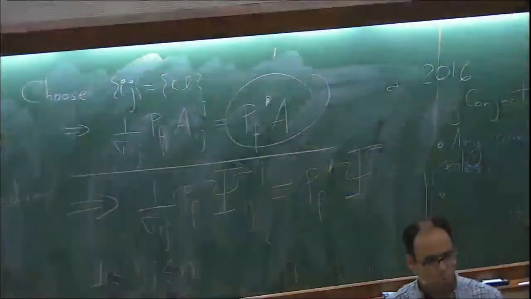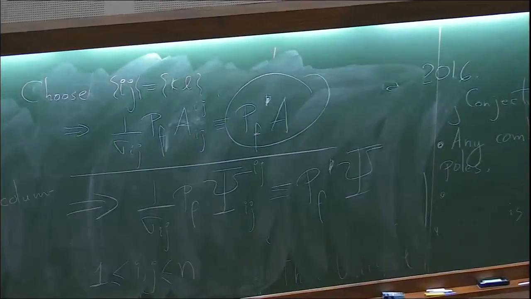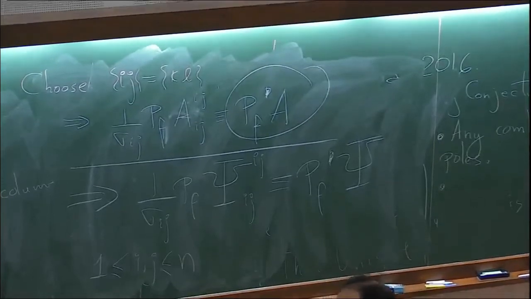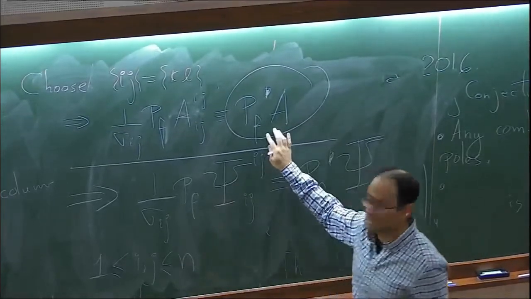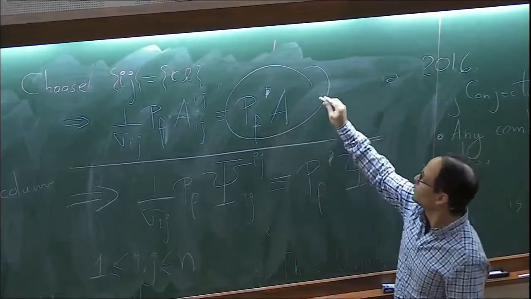How about this object? Or even better, the Pfaffian prime of A, because A is anti-symmetric. So we could also define the Pfaffian prime of A. How do you think this guy transforms? As a quarter integrand, half integrand, sorry. Yeah, this guy transforms as a quarter integrand.